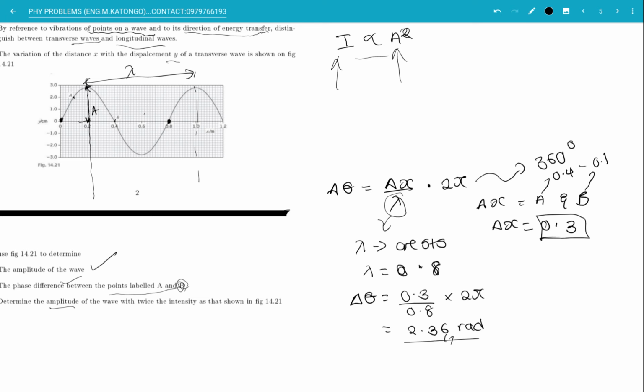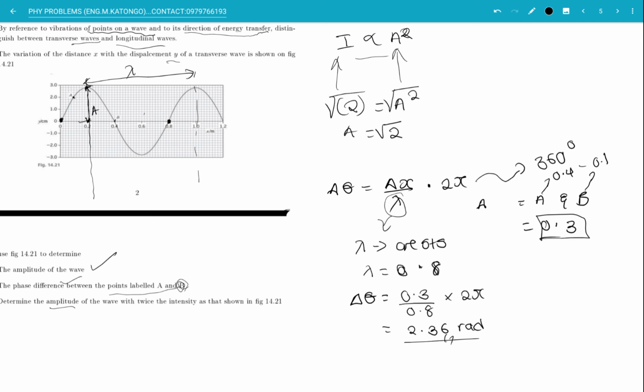Okay, so since it's twice the intensity, we can say twice the intensity is equal to the square of the amplitude. And if we are to determine the amplitude, by what factor is the amplitude going to increase? So we can take the root, and we'll have the amplitude being increased by the square root of 2.